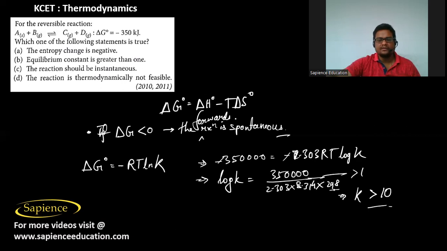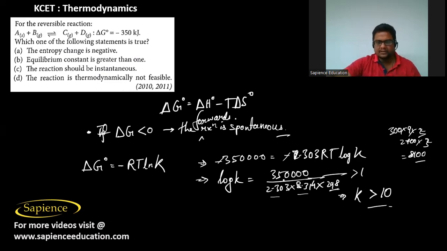If I take this as 300 and this is 9 and this is 2, so 300 into 9 is 2700, into, say 5, let's say if you take it as 3 also, so it will be 8100.